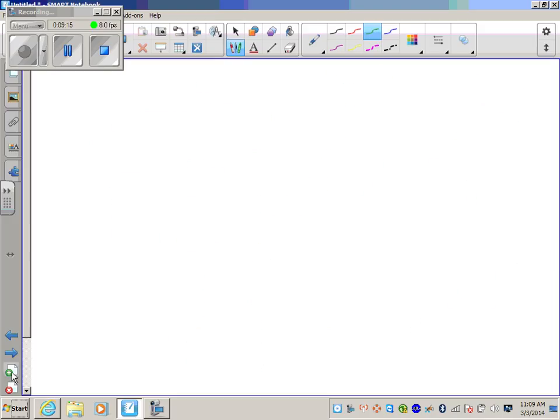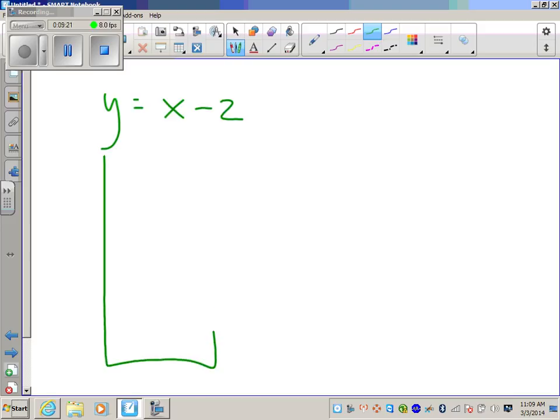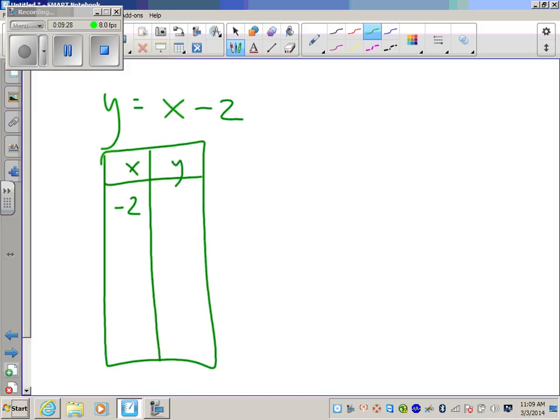You try one. Y is equal to x minus 2 is your rule. And let's say, pretty consistent, -2, -1, 0, 1, and 2. And then I'm going to want you to make your own little grid here.